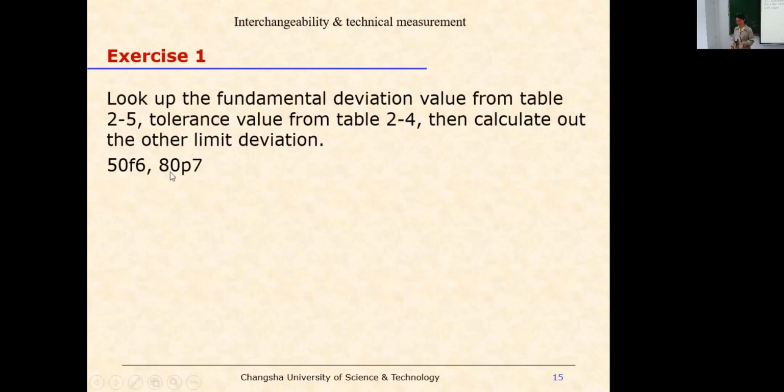Minus 25, minus 8. From this, the first one is 0, and this is 5. For F6, F is the shaft, and the deviation is here, because this is F6.